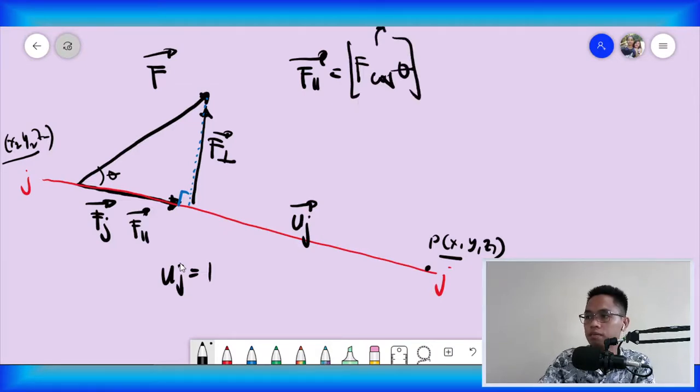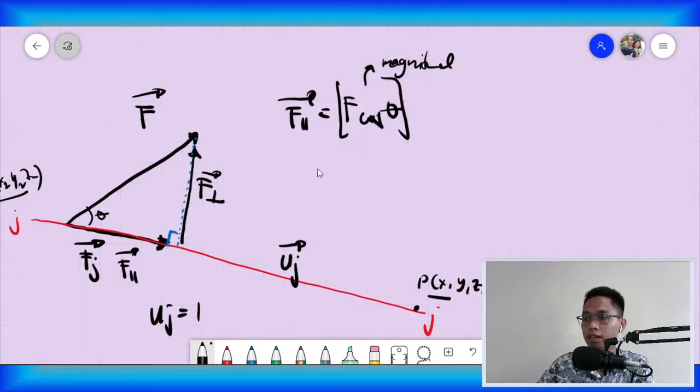This is just simply the magnitude. When we say magnitude, it is no longer a vector. Remember that, it is no longer a vector.